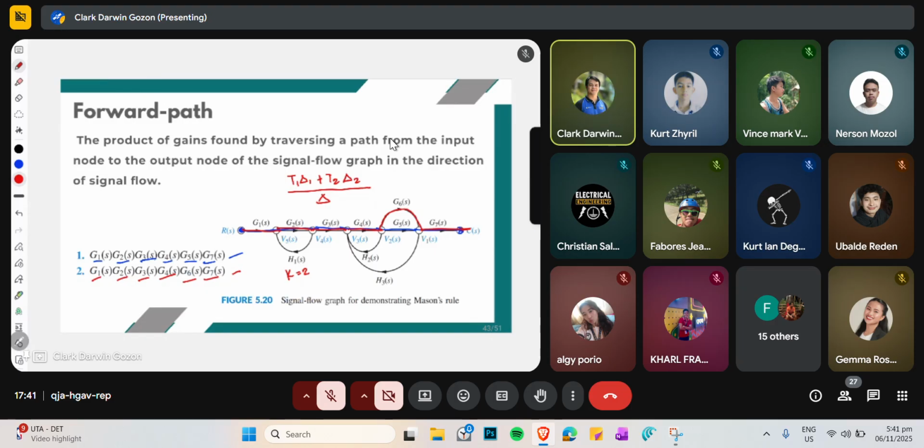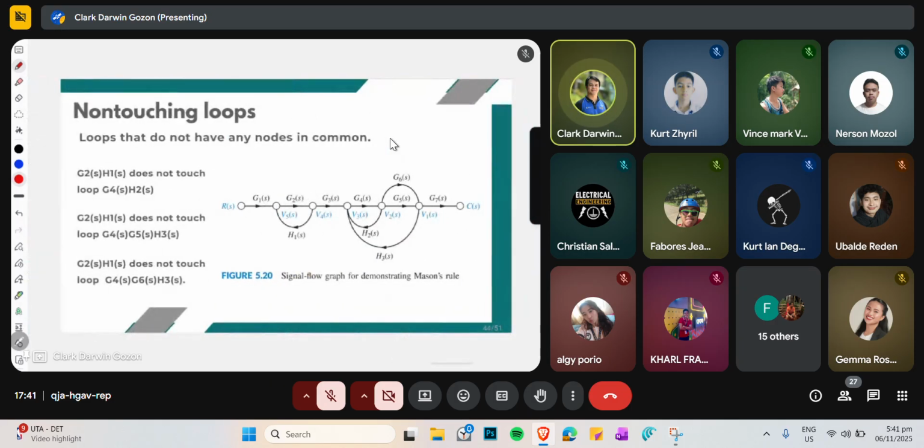Okay? So, next is to identify how many non-touching loop gains. From its name itself, mga loop gains nga wala nag-touch. So, atong i-identify na, taken 2 at a time.